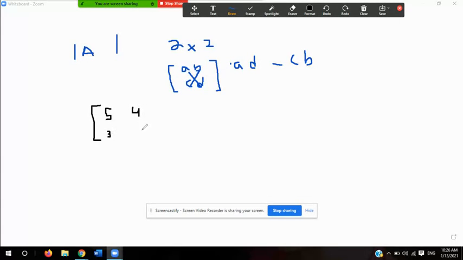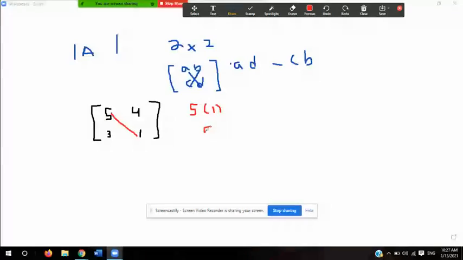So what I'm going to do is apply the rules of the determinant, and simply multiply 5 times 1 and subtract that by the value of 3 times 4. So here I write 5 times 1, and I know that the value of 5 times 1 is 5.